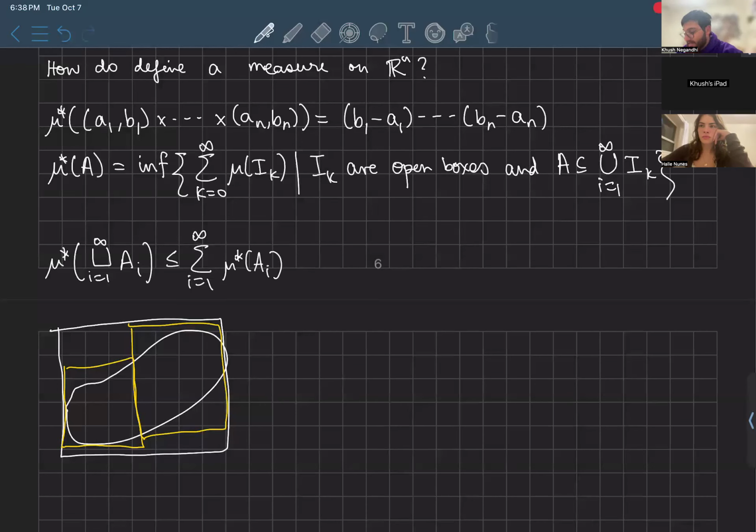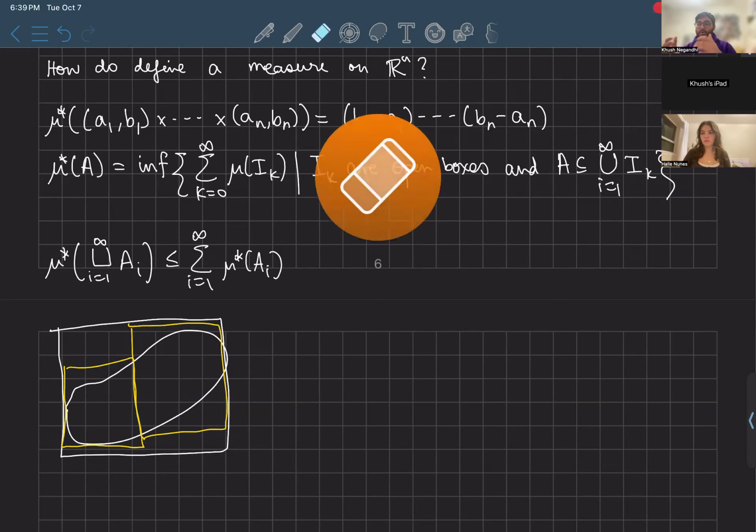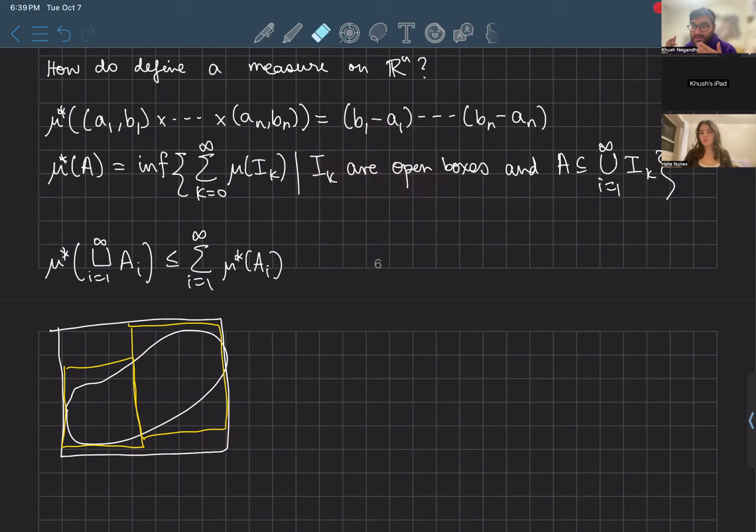What this means is that instead of getting the same volume after we put the pieces back, we get something that's less than or equal to the individual volumes. And this fixes the Banach-Tarski paradox, right? Because we took apart a ball and got two balls of the same volume as the original ball, but that's of course bigger than the original. So we're fine. We call something like this a pre-measure.